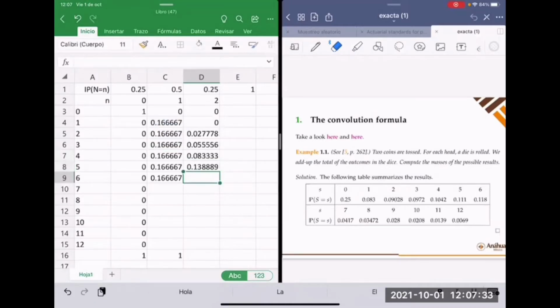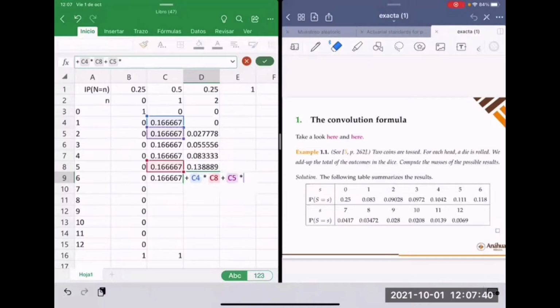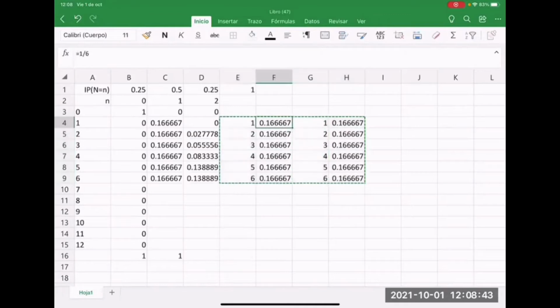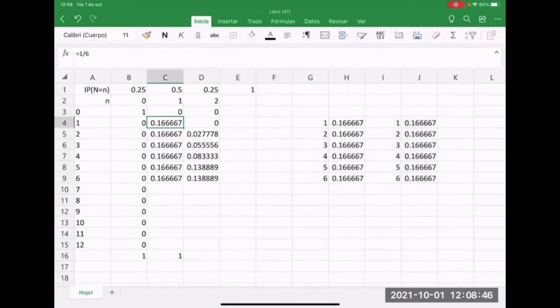Now, in order to get the 6, we need to get 1 and 5, or 2 and 4, or 3 and 3, or... I think I made a mistake here. So here's what I'm gonna do. I will just copy this here, so we can have a little bit more clarity.